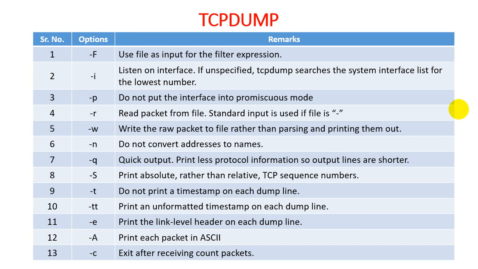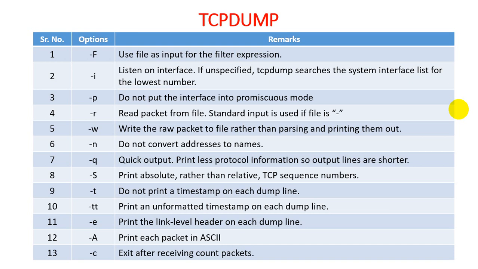-n: do not convert addresses to names. It avoids the DNS lookup. -q: quick output, print less protocol information so output lines are shorter. If you want brief and shorter information about the packet, you just mention -q. Then it provides short information on your screen with a faster response.